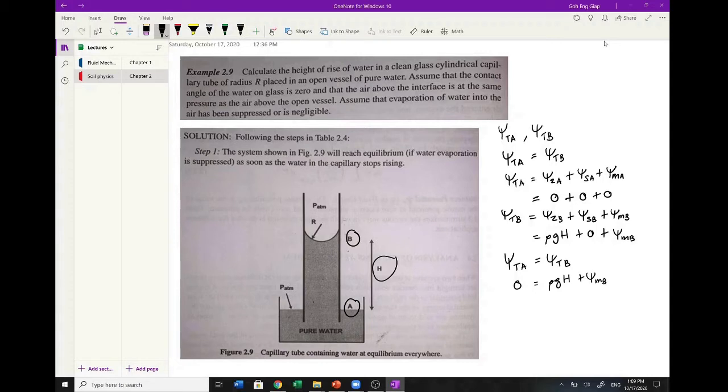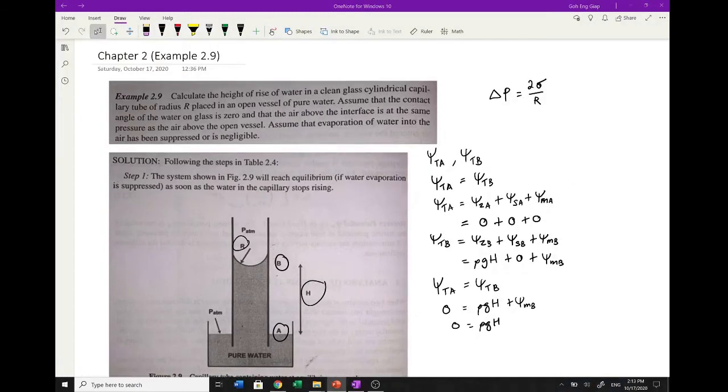The metric potential is actually given by this relationship: difference of pressure equals 2 times surface tension divided by R. Okay, so this is a surface tension equation. Though it's positive, actually the surface tension force is acting upward, which contradicts the direction of the pressure that is facing downward.